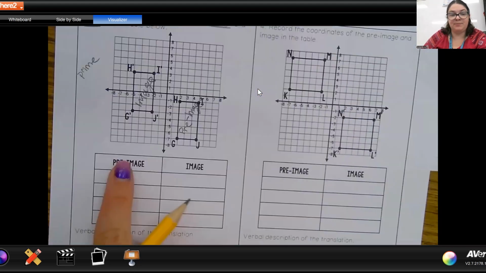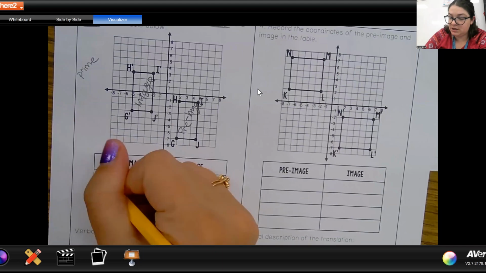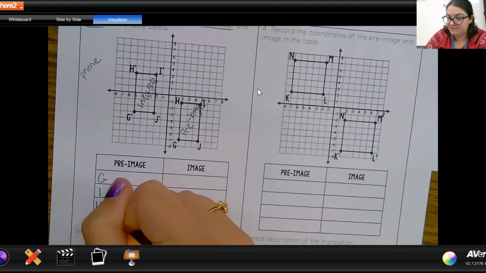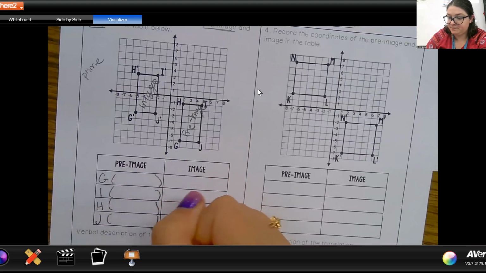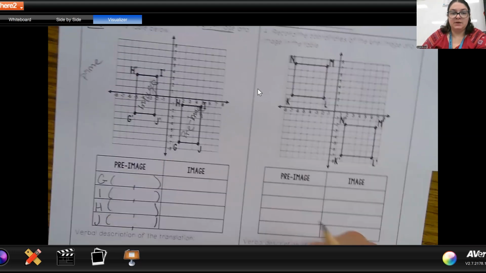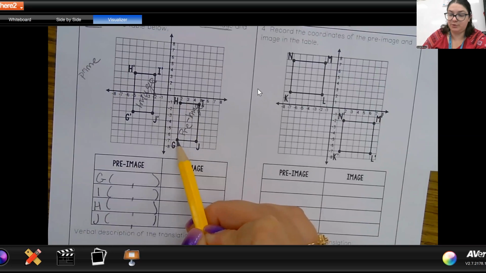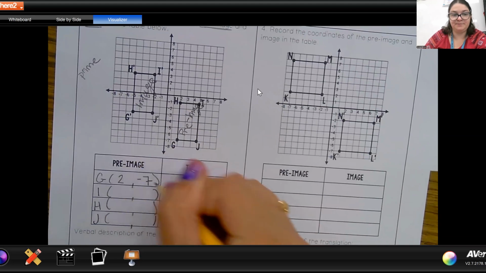So I want to write the points for my pre-image. So G, I, H, and J. Point G is over 2 and down 7, so point G is 2, negative 7.